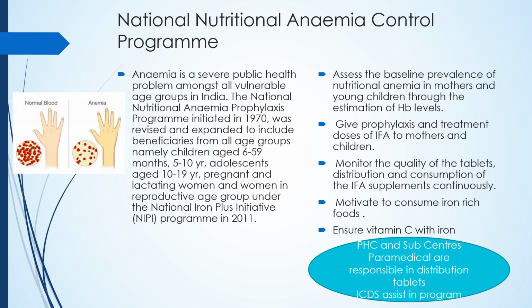Monitor the quality of the tablet distribution and consumption of iron and folic acid supplements continuously, so that monitoring of the supplements and quality monitoring is also part of the nutritional anemia control program.